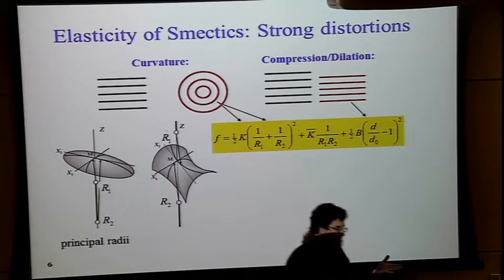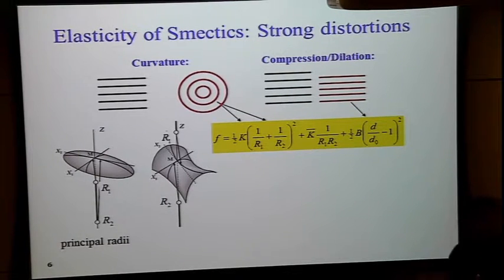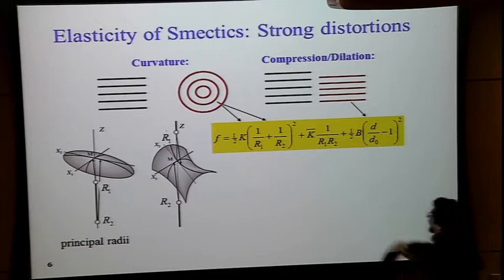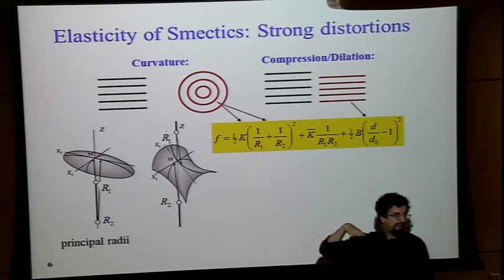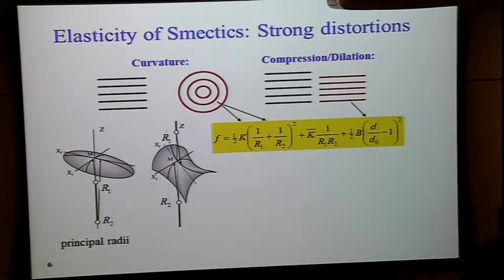So you are dealing with two elastic terms. One is responsible for the mean curvature of the layers. This is the first term. The second one is the Gaussian curvature of the layers. In two-dimensional problems, it doesn't play any role because one of the R's would be infinitely large. So you have 0 instead of this term.